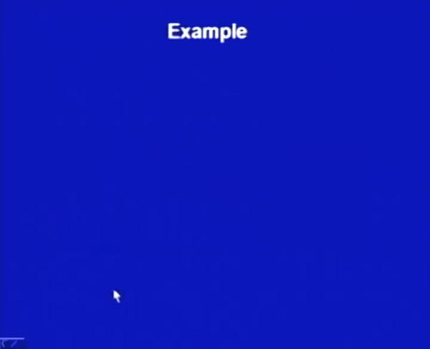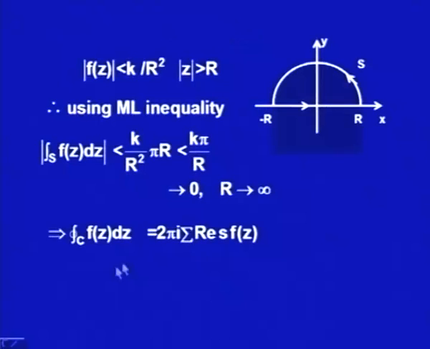Now we are taking the limit as r approaches infinity. So, what we have got is that the integral from minus infinity to plus infinity of f x dx would be equal to 2 pi i times the summation of the residues of f z, where we would take the residues at all the isolated singularities inside this semicircle.